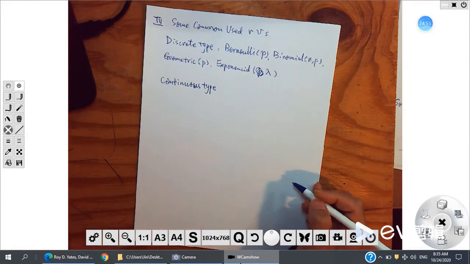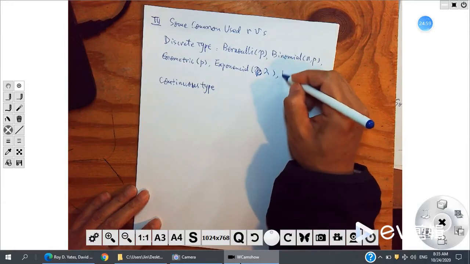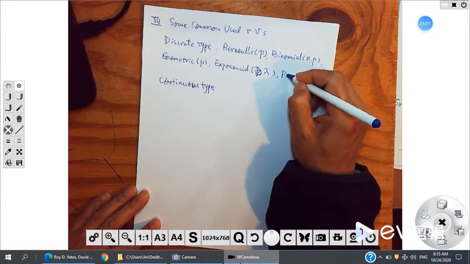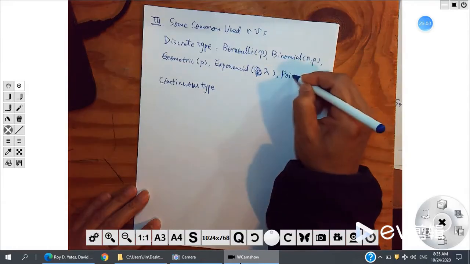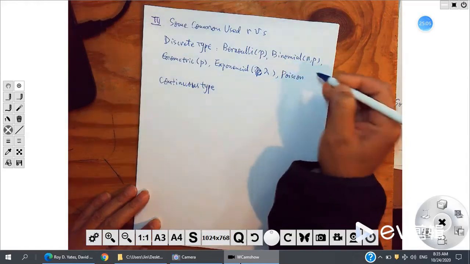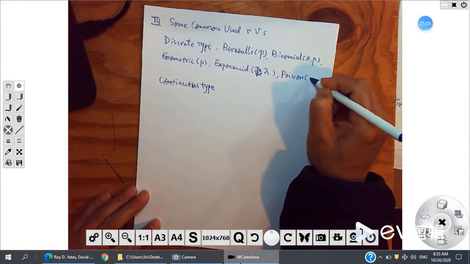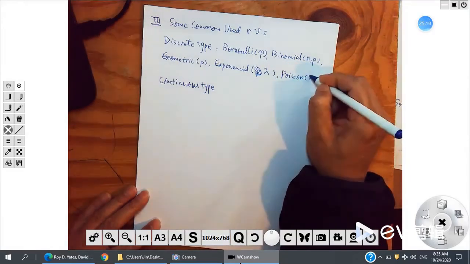For discrete type, what else do we have? Poisson. This should be a French guy. Poisson is also lambda.